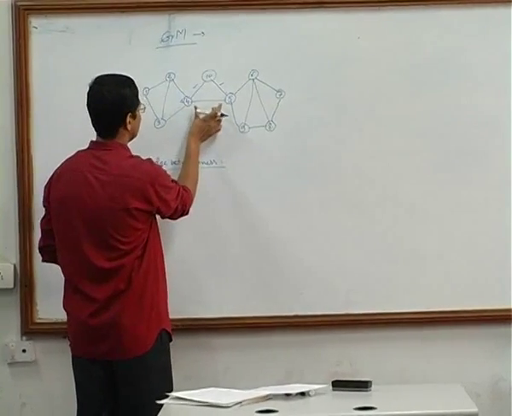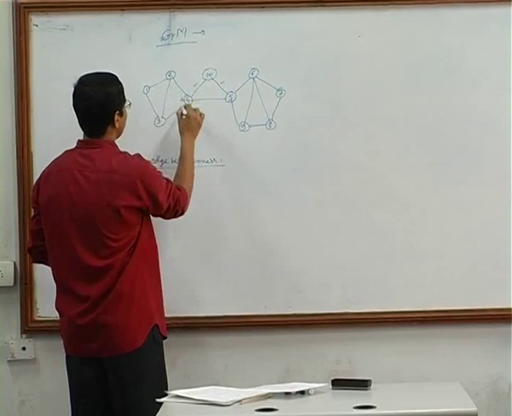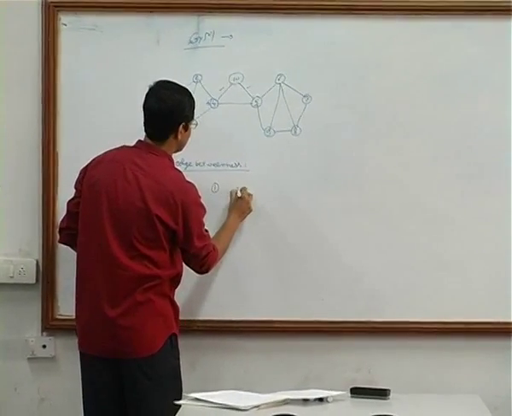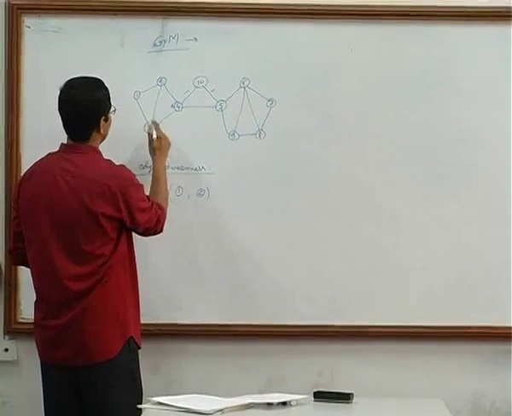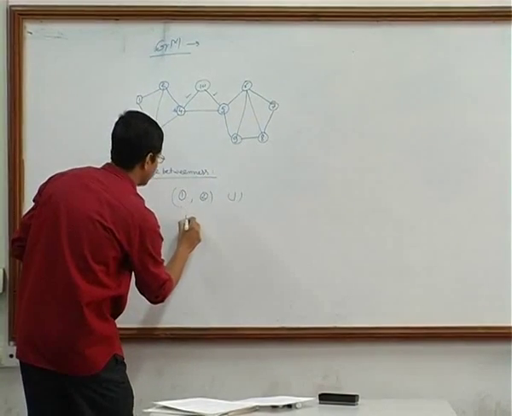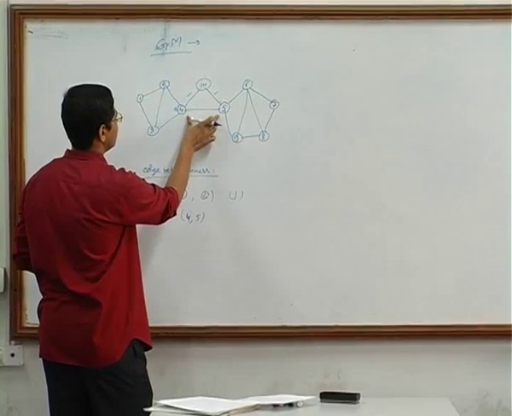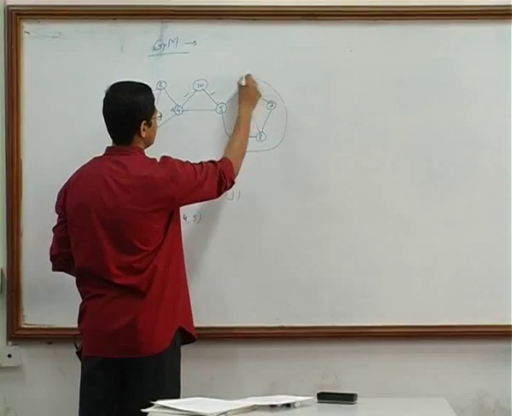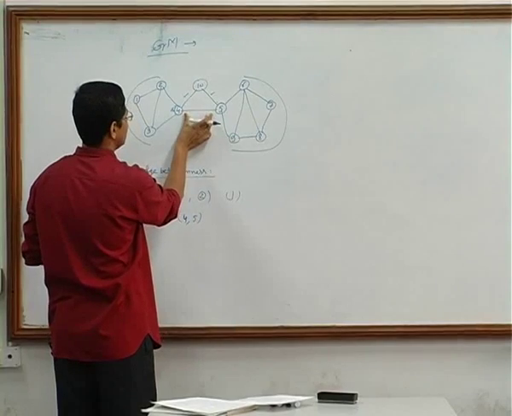For example, suppose we take this edge, then through the entire network, how many shortest paths will pass through? Suppose we take the nodes 1 and 2, then the number of shortest paths that pass through 1 and 2, I think it will be only 1. But if we take the nodes 4 and 5, then the number of shortest paths, I think it will be very high, because most of the nodes on this side and this side require this edge as a shortest path.